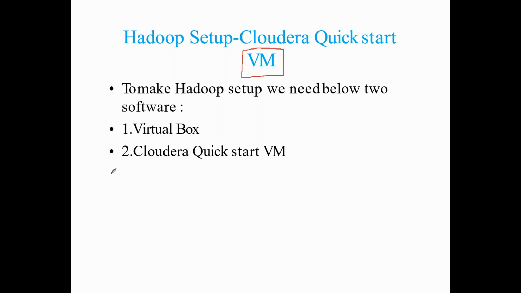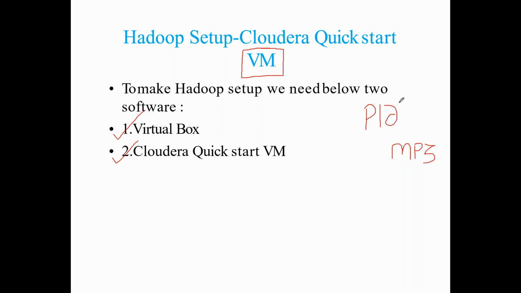You must still be wondering, okay, I would require the Cloudera QuickStart VM, then why would I need something called VirtualBox? Let me answer that question. Suppose you wanted to listen to an audio song. What is the format of an audio song? Generally, the audio song format would be MP3, right? Now, to listen to this audio song, we would typically require a player such as VLC media player or Windows Media Player.